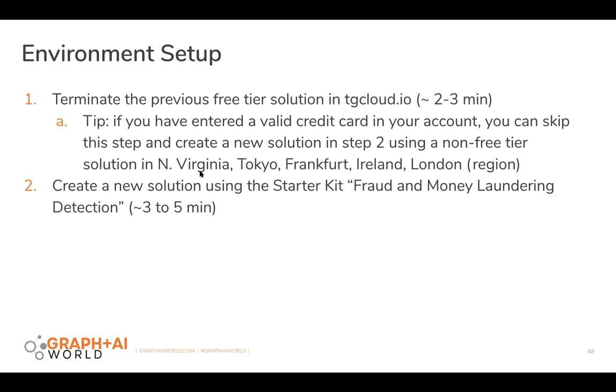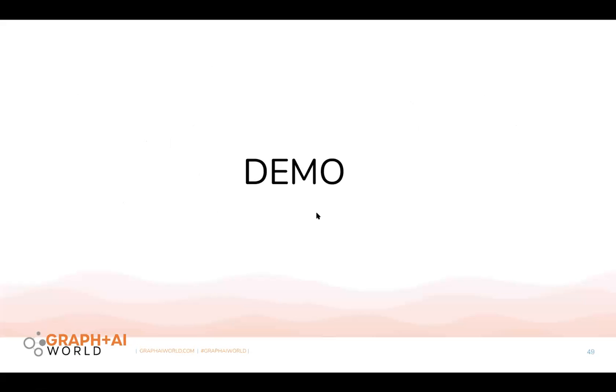If you have a new account, there are actually $25 credits in your account. It should last you through this workshop with the pay tier solution, fraud and money laundering detection. All right, let's get to the demo part here.